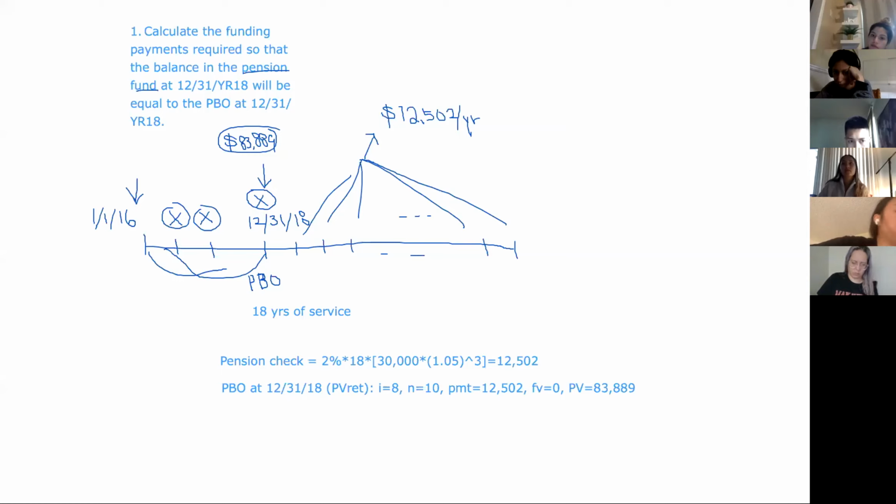So lastly, what is X? The number of periods is 3. Interest rate, we grow this saving 10% annually. Future value is 83,889. And then the payment is basically the X, what we are trying to get.